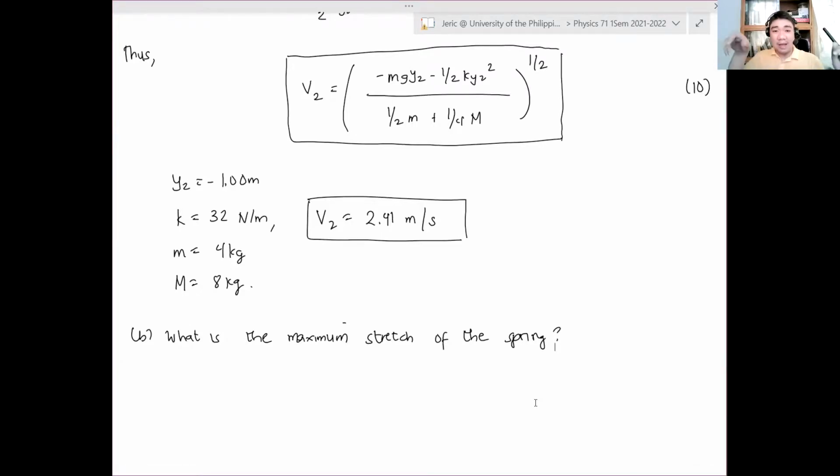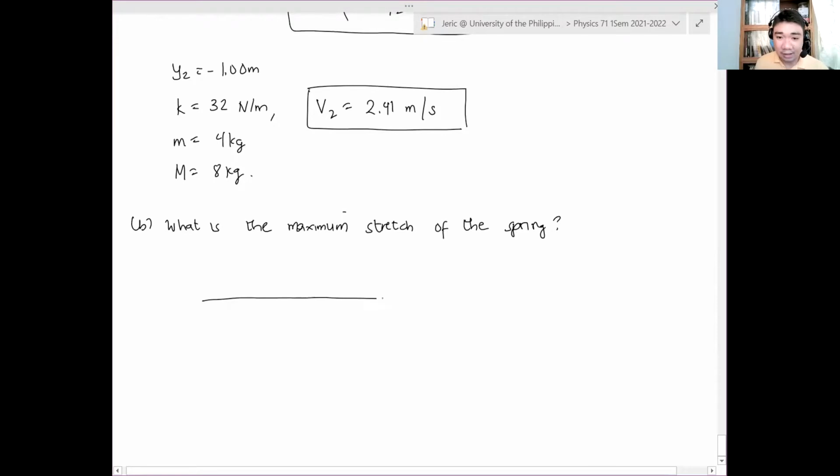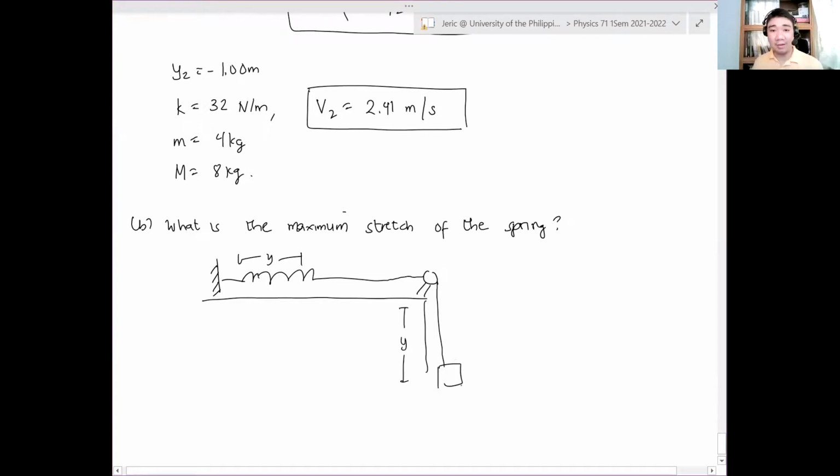So what we are asking now is, what will be the height of the box such that, if this is the pulley and this is the compression of the spring, and this is the height, what is this distance y such that the mass is now at rest? Kasi nga, gusto mo maximum stretch. Therefore, hindi na yan gagalaw. Hence, the angular velocity is 0 and the linear velocity in this state is also 0.